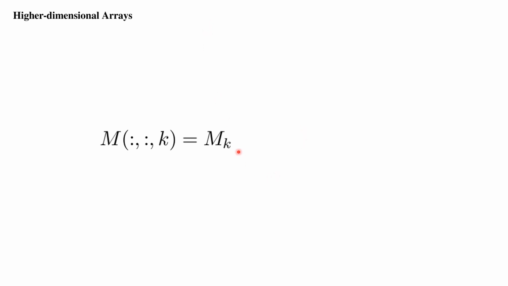Say you've got a number of matrices, and the kth matrix we'll call MK. And I want to make a book of matrices. On each page of the book, I want to put MK. So what I want is all the rows, all the columns, kth page to contain that matrix, which is specified in some way.